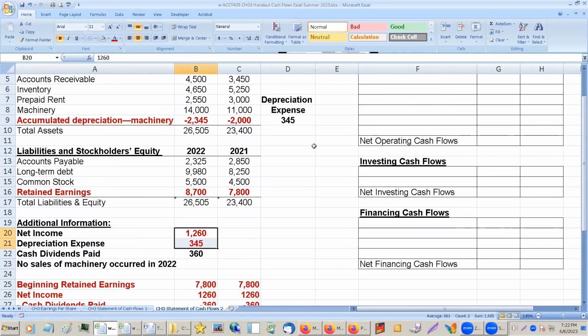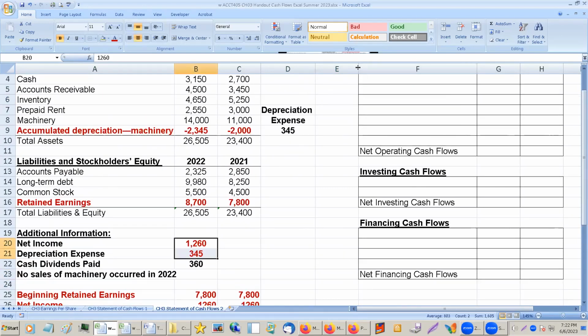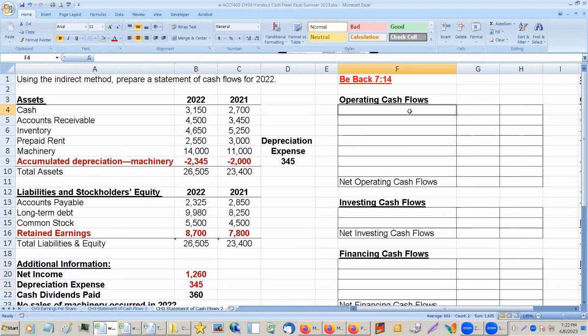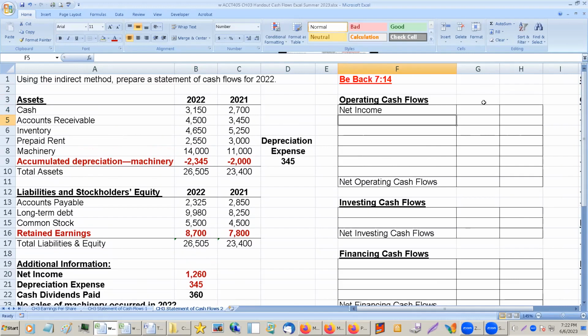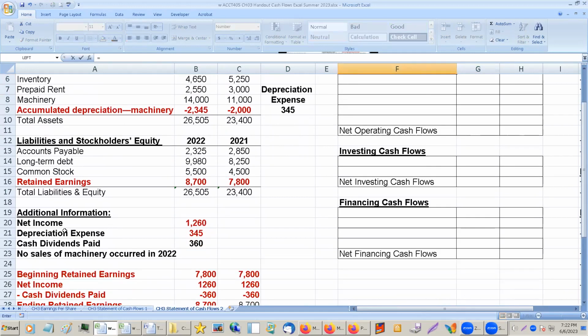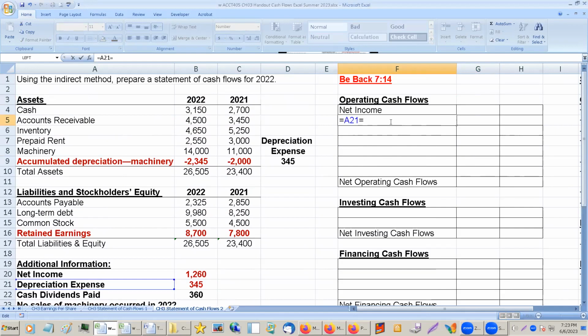Okay. Now, do this. Okay, so we start out with our net income, then go to our depreciation expense.